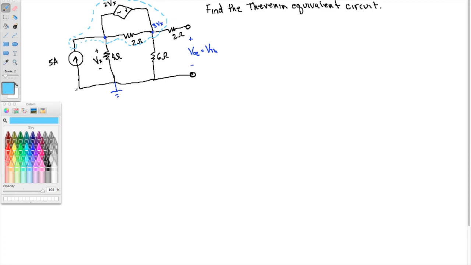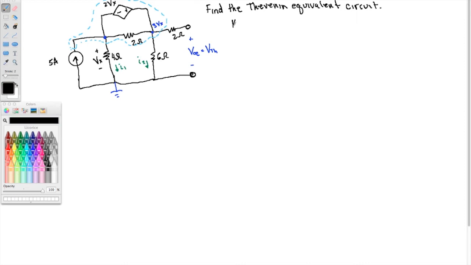There's our supernode. Alright, so we'll guess the currents. This goes down, this goes down. How much current goes through this 2 ohm resistor here? None, because it has no return path, because this is an open circuit. No current goes this way. Alright, we'll call this I1, call this I2.